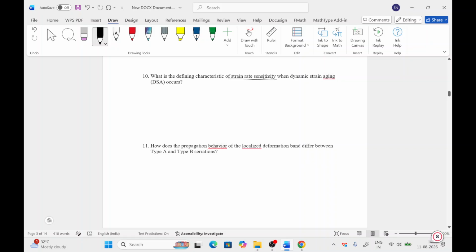So strain rate sensitivity can be defined as the change in flow stress sigma with change in strain rate. So this is called strain rate sensitivity.